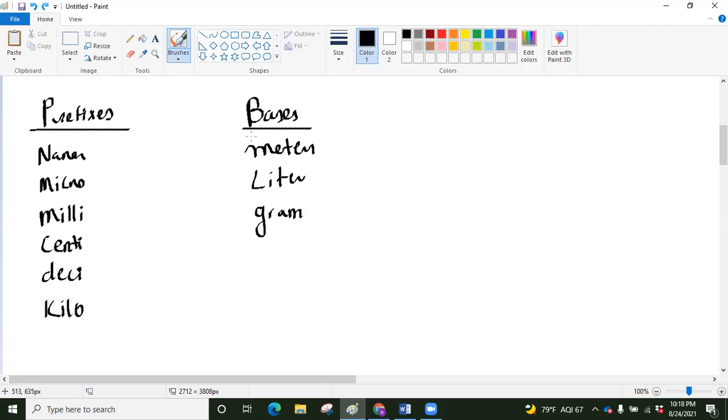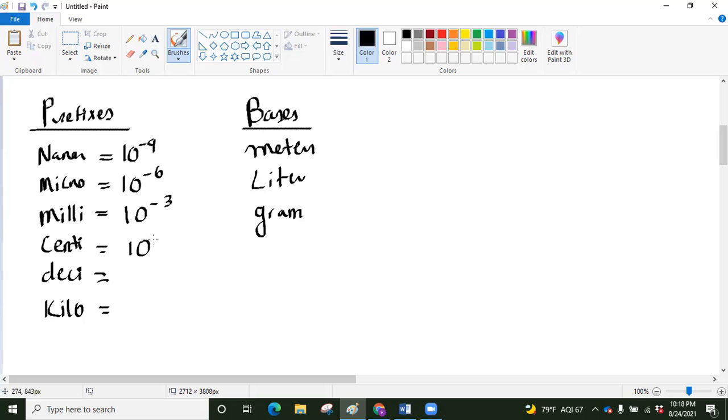Now, we can take these prefixes and attach them to the meter, and our idea of how much a meter is, or how much of a particular amount we have, will change. So these prefixes have predetermined values. For nano, it's 10 to the -9, and for micro, it's 10 to the -6, and for milli, it's 10 to the -3.